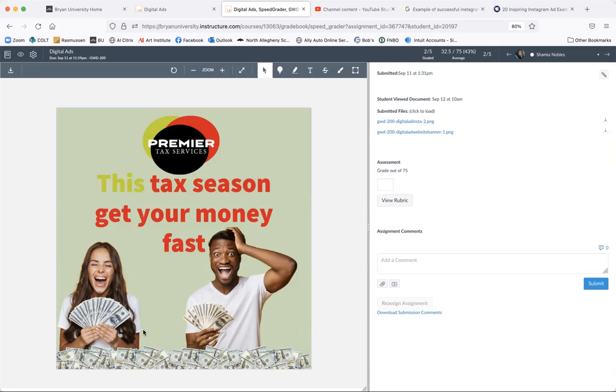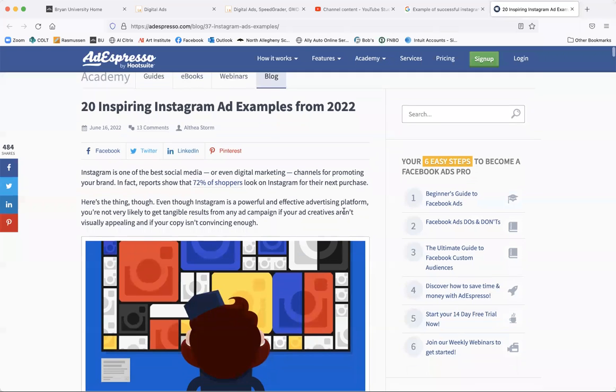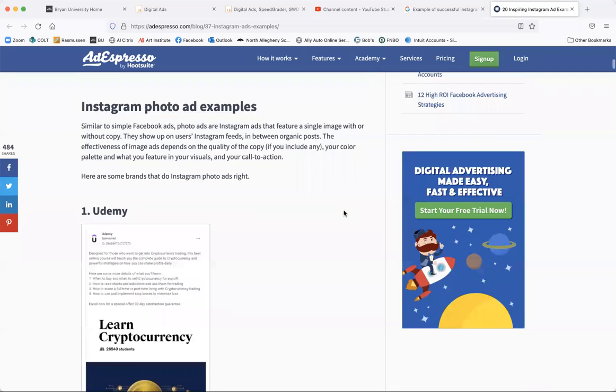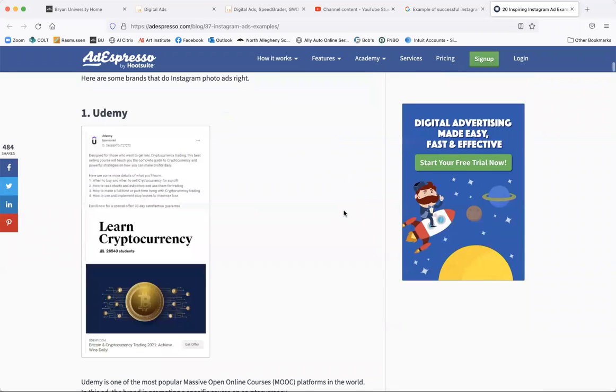Because when you post to Instagram and other social media sites, it's not just the ad that's posted, it's also what's written in there. So for instance, if you put hashtags, you can see those hashtags in there. I just pulled up this website that's showing some successful Instagram ads.